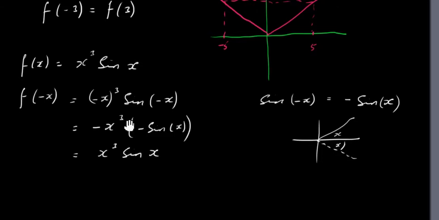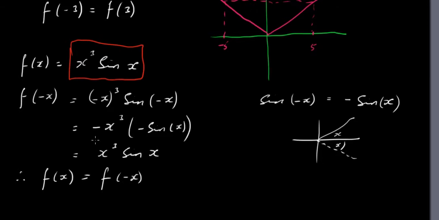Therefore this function here is even, because we can say f of x is equal to f of minus x. We get the same y value. This is f of x and this is f of minus x, and they're exactly the same. Therefore this function here is even, and we saw that from the graph that I showed you earlier.